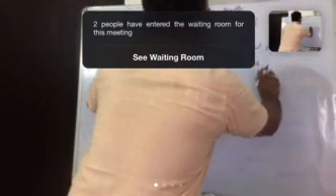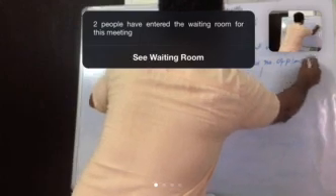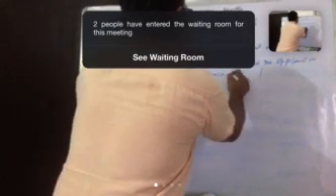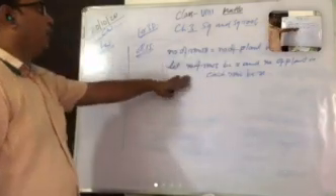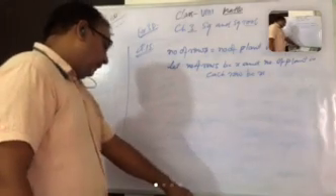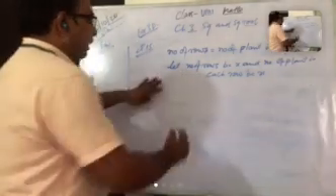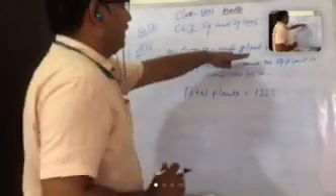The number of plants in each row is x only, because the number of rows is equal to the number of plants in each row. So the number of rows is x, and this is x. Now the total number of plants is equal to 1225, and we know that there are n rows.